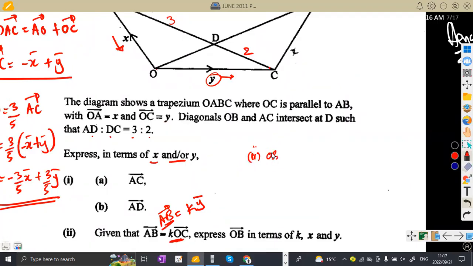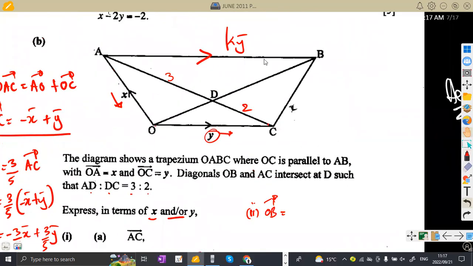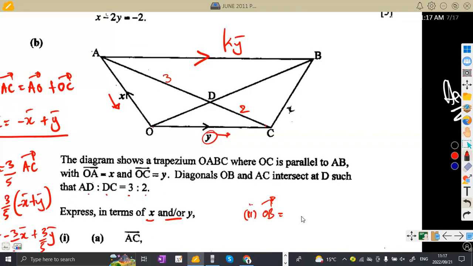Okay, this is our item 2. We need vector OB. So this is what you're going to do, using the AB that we have indicated here, because now AB is kY. From O to B, we are going to take this direction from O to A and from A to B. So it's going to be OA plus AB.